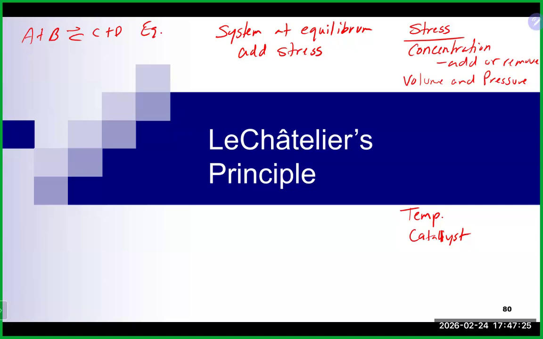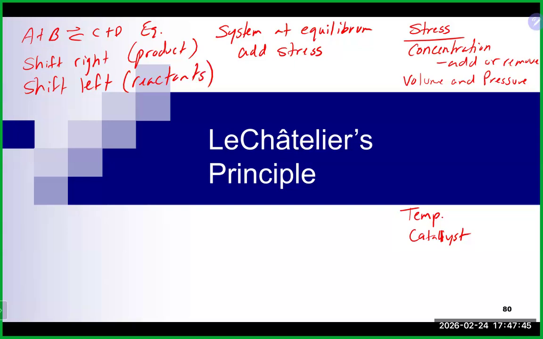So in order to get back to equilibrium, there's pretty much three options that could occur. It can either shift to the right, which means you're going to make more products. It may shift to the left, which means you would make more reactants. And there's also some situations that, even though you did something to it, will actually cause no change to occur.